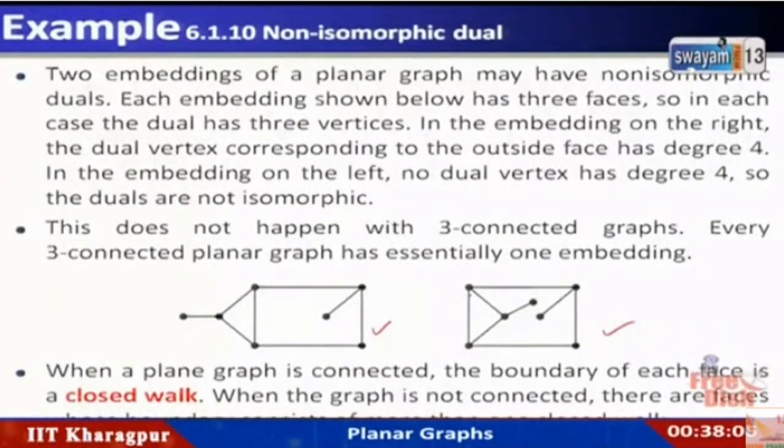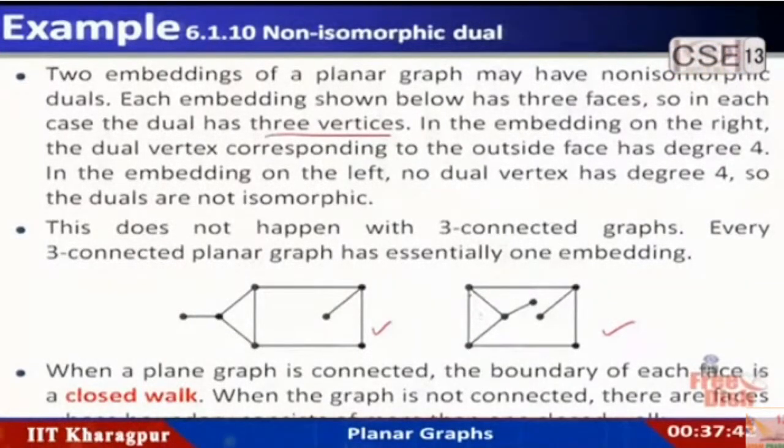These graphs have three different faces, so in both cases the dual has three vertices. In the embedding on the right side, the dual vertex corresponding to the outside face has degree 4.